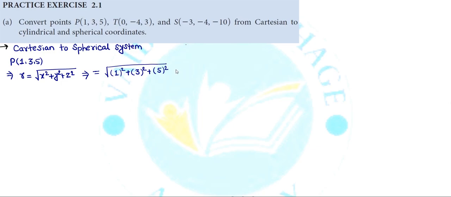If you simplify that, you will find r to be 5.92. So that is the radius of the sphere for your spherical coordinate system.